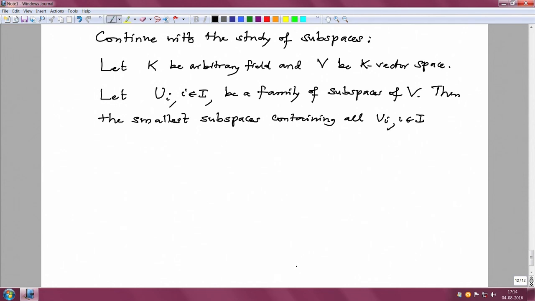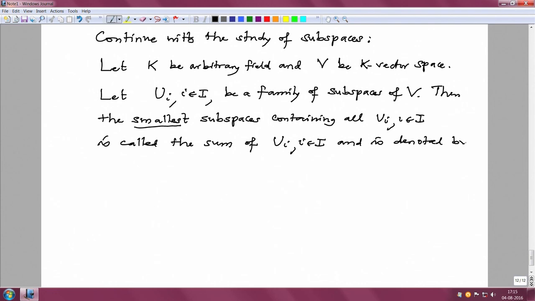We have seen the intersection of subspaces is a subspace, and this subspace exists, therefore it is the smallest one. This subspace is called the sum of U_i's and is denoted by the sum of U_i, i in I.